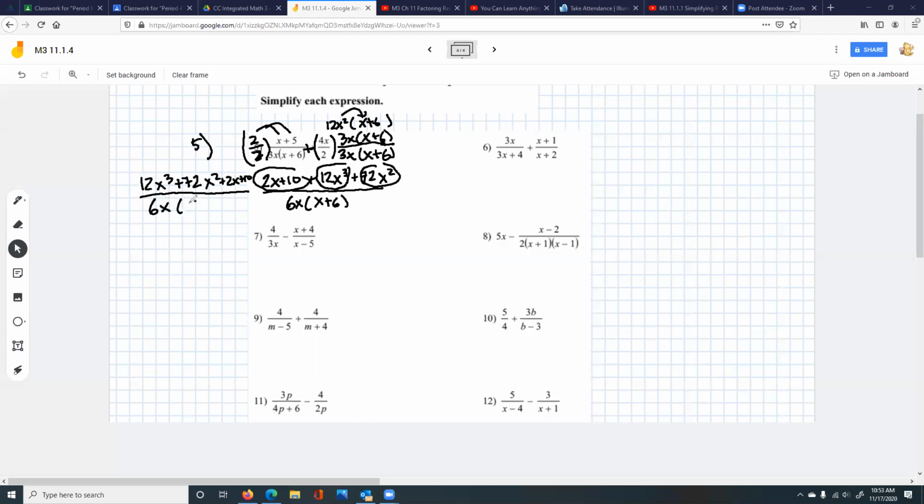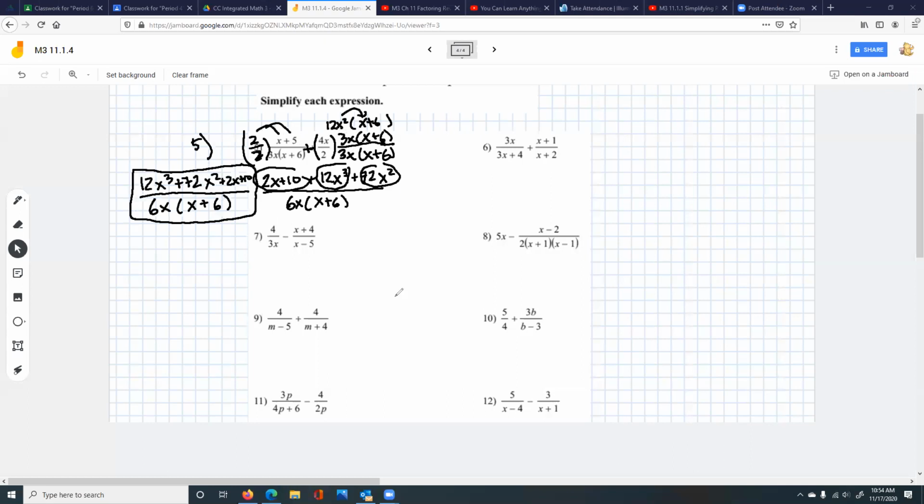We just leave it, that times that. You know what? We might be able to factor this by grouping. If I take a 12, yeah, let me see. No, it's not going to work. I'm going to get x plus 6 when I factor this, but this is going to be like x plus 5. Just make sure I did that. 2x plus 10, 4x. Yeah, that's correct. Okay, so that's going to be as far as we can go with that one.